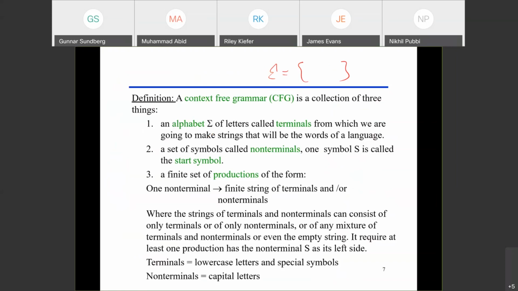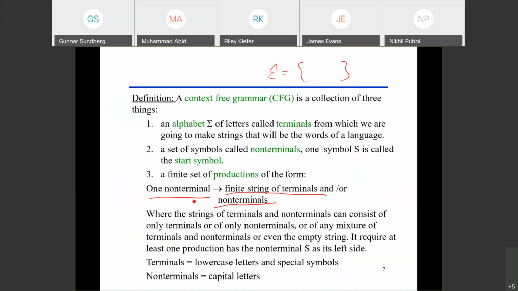Second thing, a set of symbols called non-terminals. You must have a minimum of one start symbol, which can be referred to by the symbol S, and it should be called a start symbol. You may have more than one start symbol. Then we have a finite set of production rules, and it should look like this format: one non-terminal and then a finite string of terminals or non-terminals.